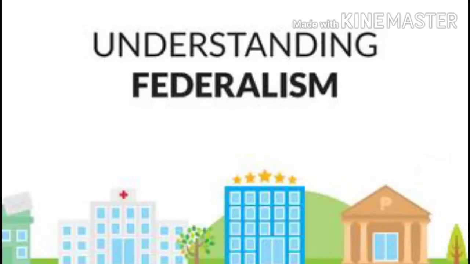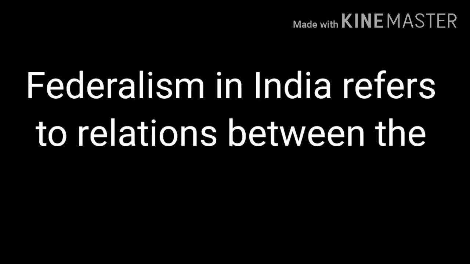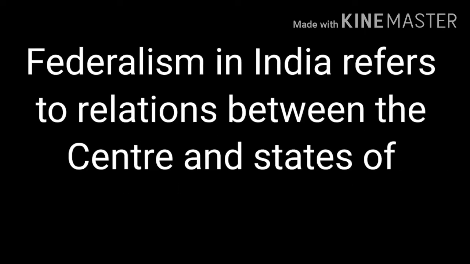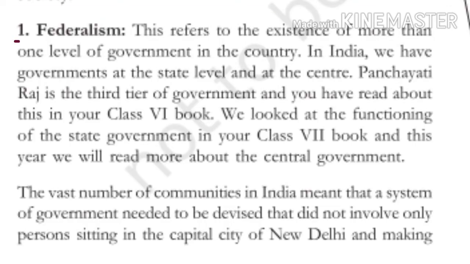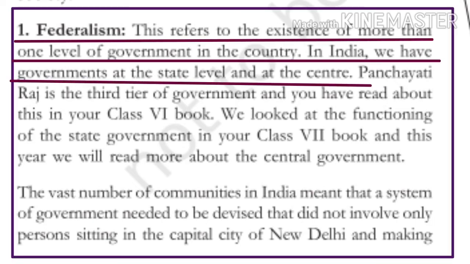The first key feature of our Indian Constitution is federalism. So let's understand this. The question is, what is federalism? Federalism is a system of government in which a written constitution divides the power of government on a territorial basis, like a division between national government and regional or local government.